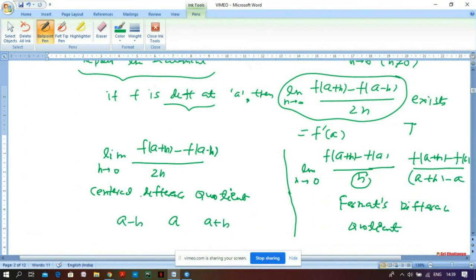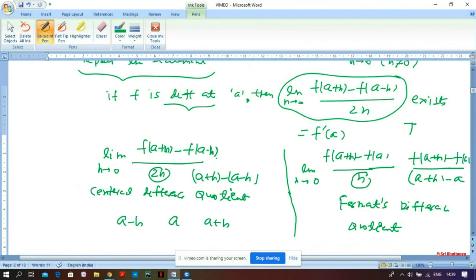It looks good. It's still a difference because 2h is still a plus h minus a minus h, so it's also a difference quotient, but it is called the centered difference quotient. The other is called Fermat's difference quotient because Fermat was the one who gave it to us.